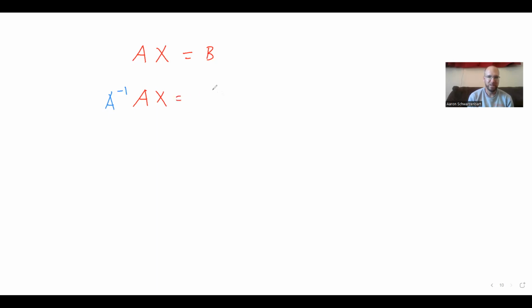So over here, I've got B. The trick, though, is I multiplied the left side of the equation on the left by A inverse, which means I have to multiply it on the left. This is not equal to B A inverse. That does not work. Order matters in matrix multiplication.